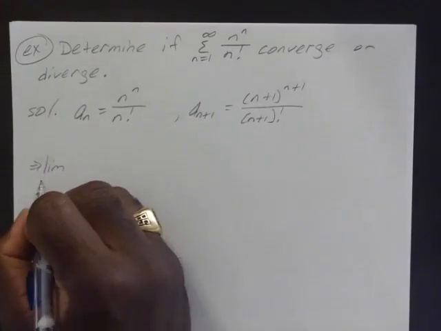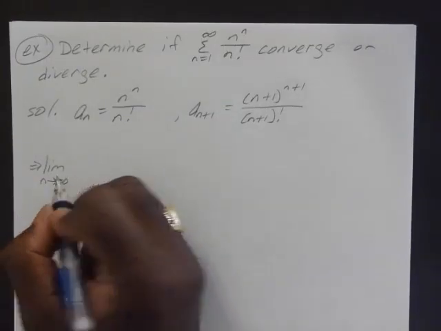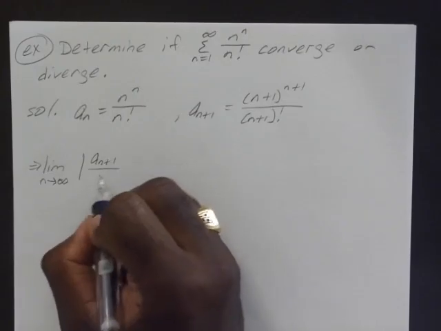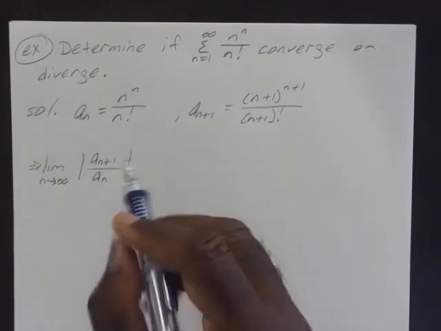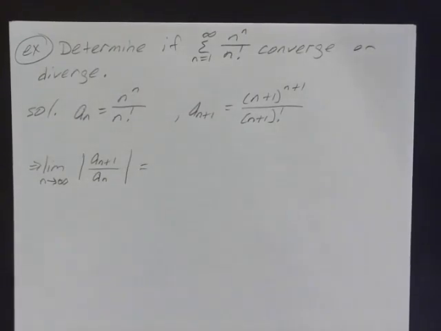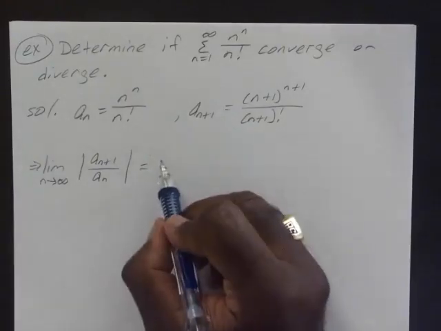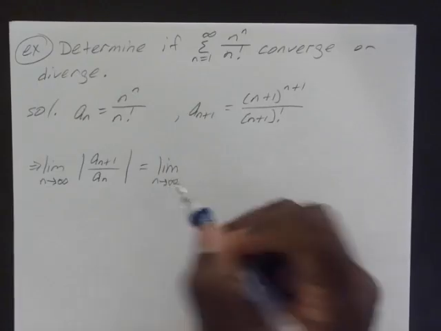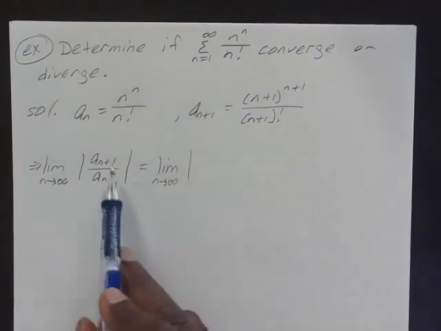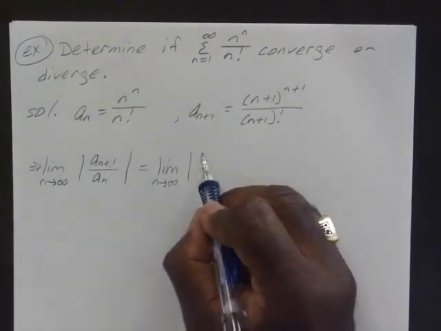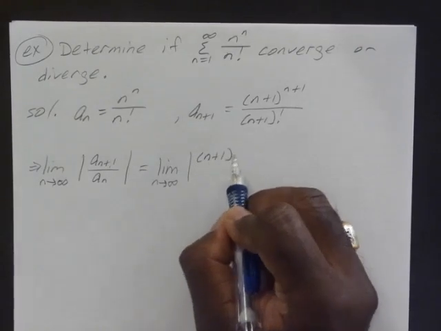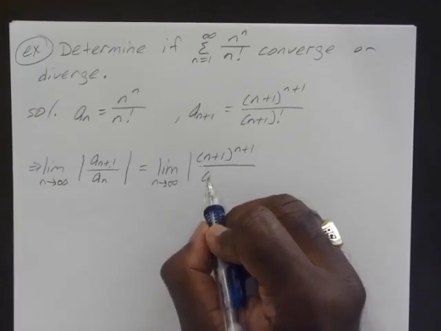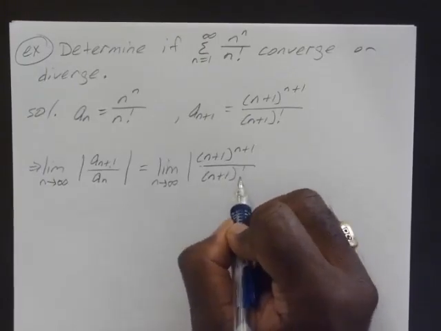Now the limit as n approaches infinity of a sub n plus 1 divided by a sub n is equal to the limit as n approaches infinity of your a sub n plus 1. So that's n plus 1 to the power of n plus 1 divided by n plus 1 factorial.